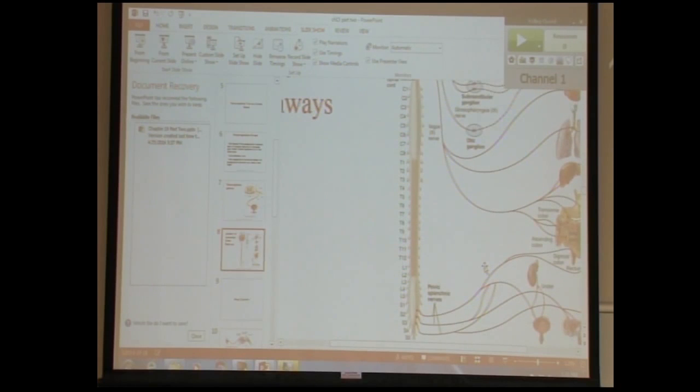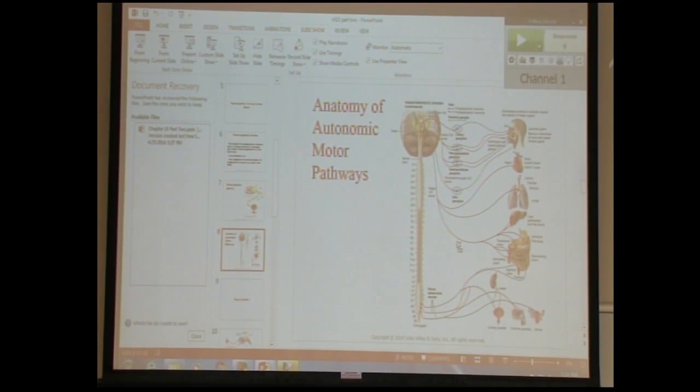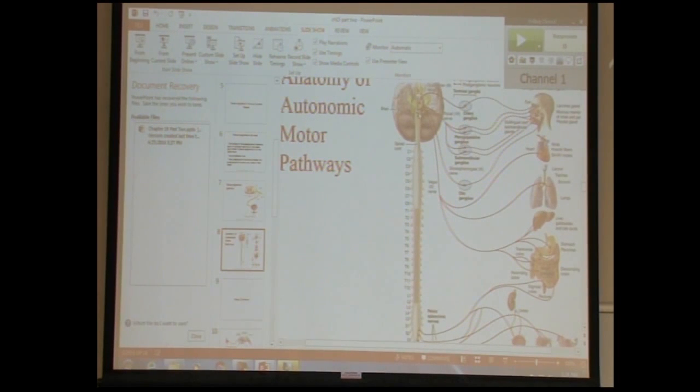And then which of those has the preganglionic neurons going farther? So it's the parasympathetic, right? Because for a lot of those, the preganglionic goes almost all the way to its final destination.